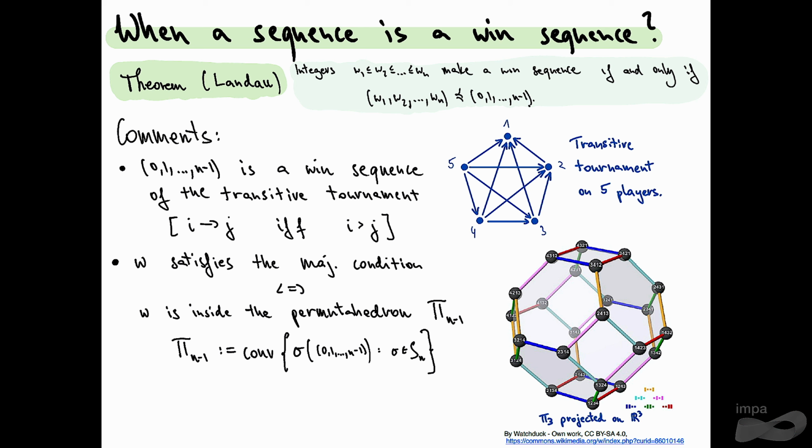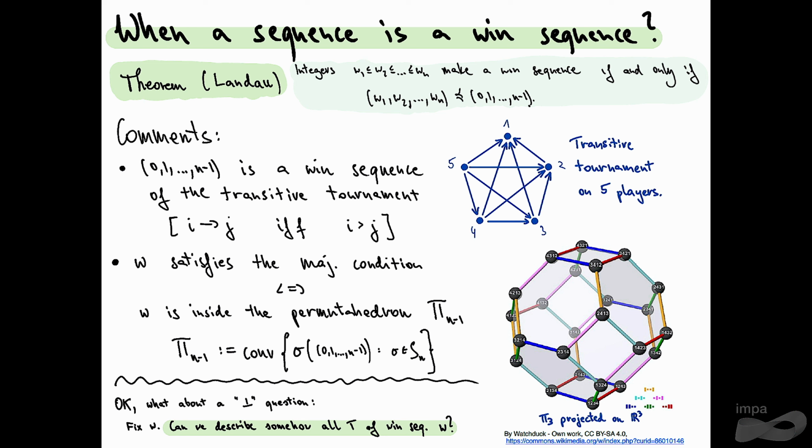To be majorized, if you don't care about the order of the order statistics of the win sequence, then to satisfy the majorization condition is to be inside or on the boundary of what is called the permutahedron. The permutahedron is the convex hull of all permutations of this sequence. So there is a nice geometric interpretation of the win sequence. These are all integer points within the permutahedron.